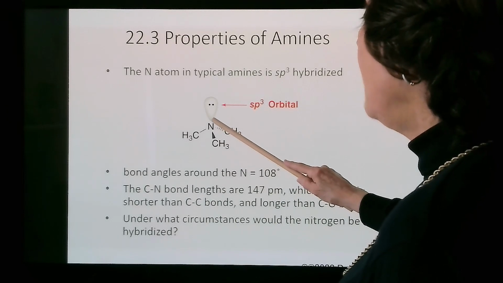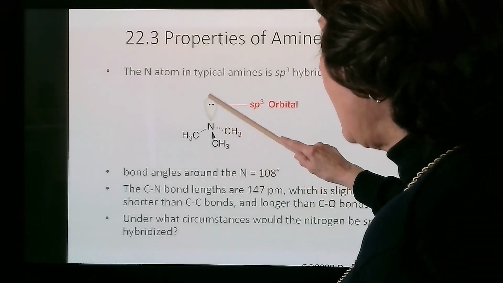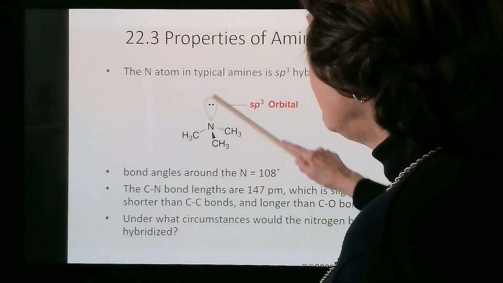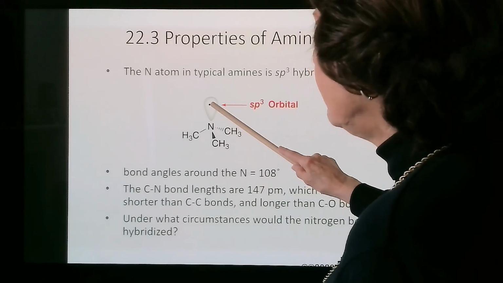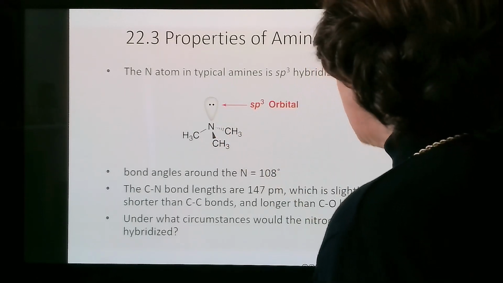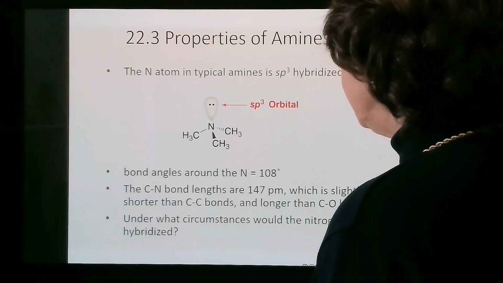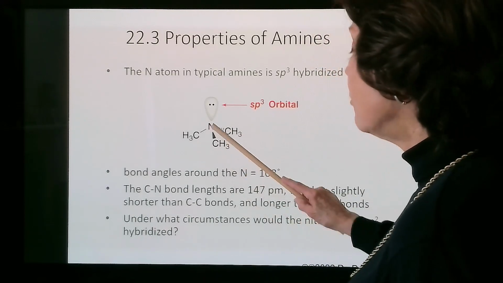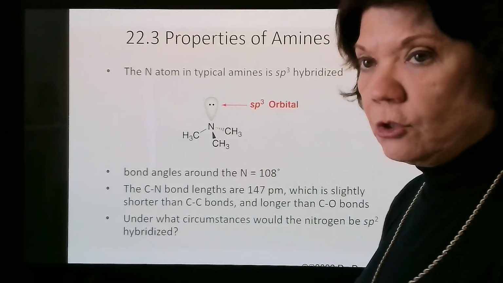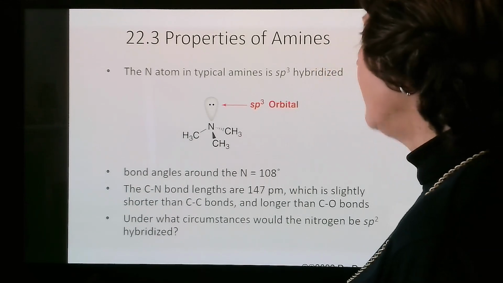And so in that conjugation, the lone pair will have to occupy a p orbital. And so the nitrogen would become sp2 hybridized in order to do that.